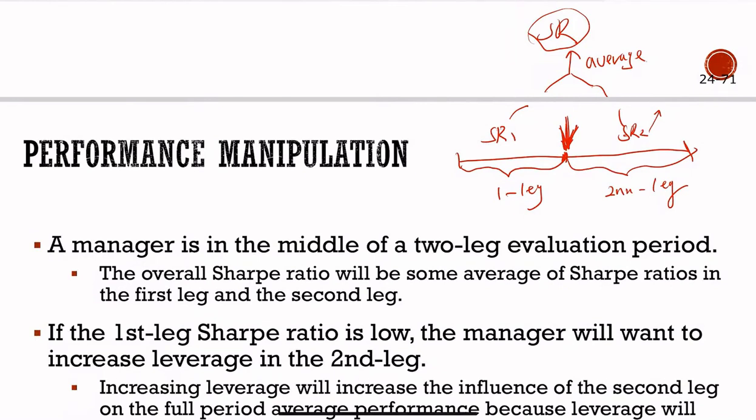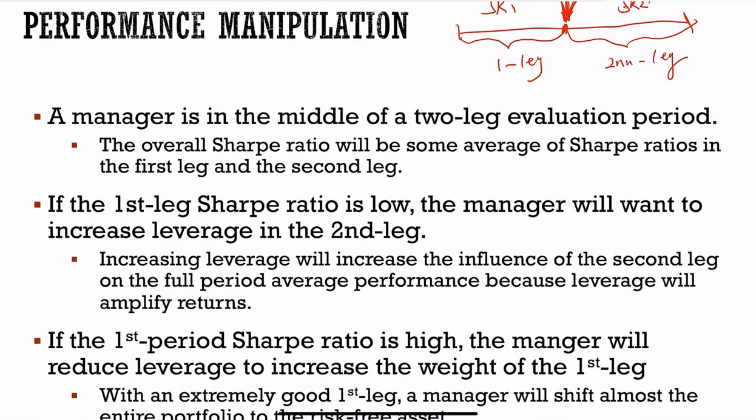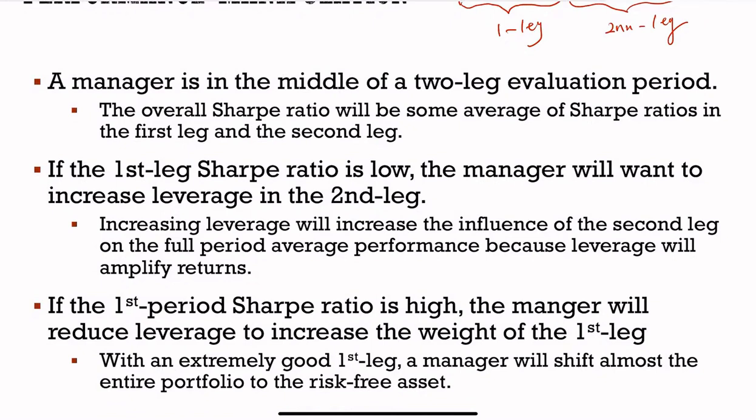If you have already got a high Sharpe ratio in the first leg, then you will avoid taking risk. Potentially, you will want to invest in the risk-free asset in the second leg, because by going risk-free, you will completely preserve your first leg Sharpe ratio. So again, you can see that you will be underlevered if you have good performance measure in the first leg.